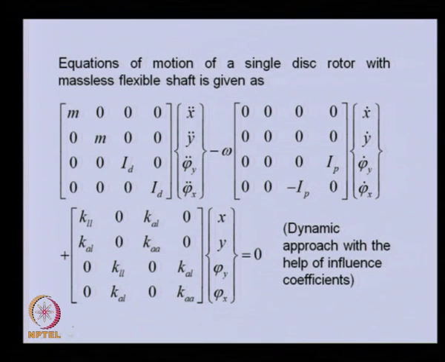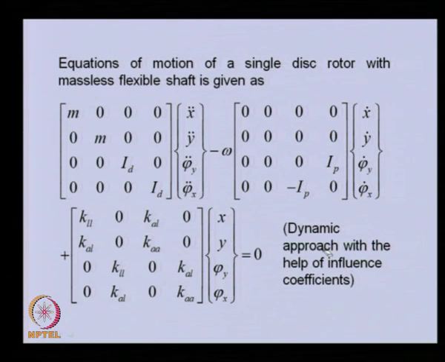So earlier when we dealt with the gyroscopic effect of a massless shaft and a thin disk, we used a dynamic approach, and even a quasi-static approach. After that we discussed the dynamic approach with the influence coefficient method.